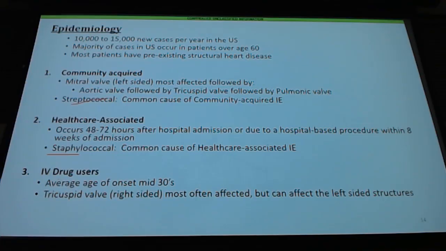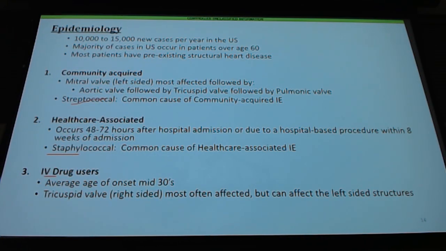And then if they're an IV drug user, what's the stereotypical age of somebody who's using IV drugs? Usually more like 20s, 30s, right? So IV drug users are not going to fit into that high risk group of age 60 and older. It's going to be folks in their 20s and 30s who tend to have this form of endocarditis.